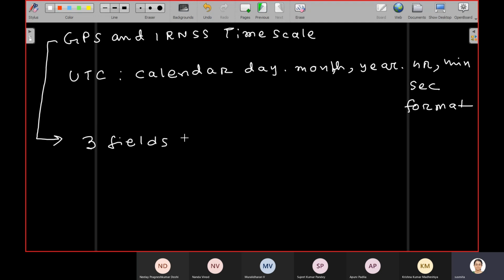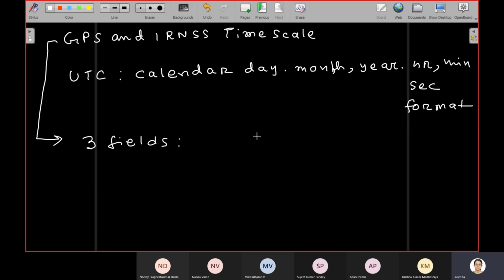They do not follow the UTC format. There are constellations that follow the UTC format, but these two constellations do not. For example, GLONASS follows the UTC format, but GLONASS is 3 hours ahead of UTC. Beidou is tied to UTC. But both GPS and IRNSS have different formats with 3 fields.